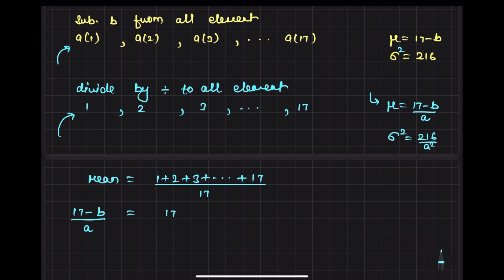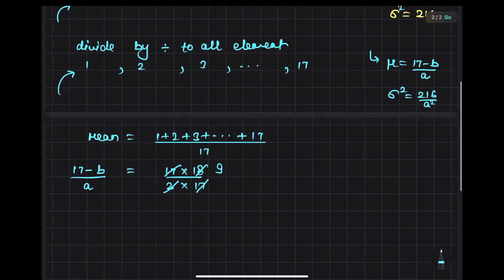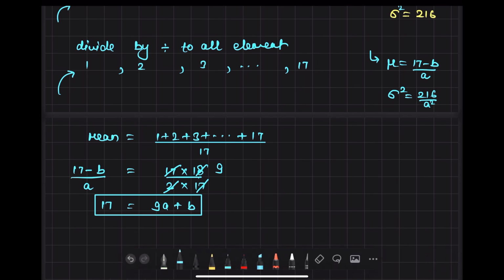So n into n plus 1 by 2 is the mean. This thing is gone, this simplified. So can I write 9a plus b equals 17? So we got our one equation, 9a plus b equals 17.